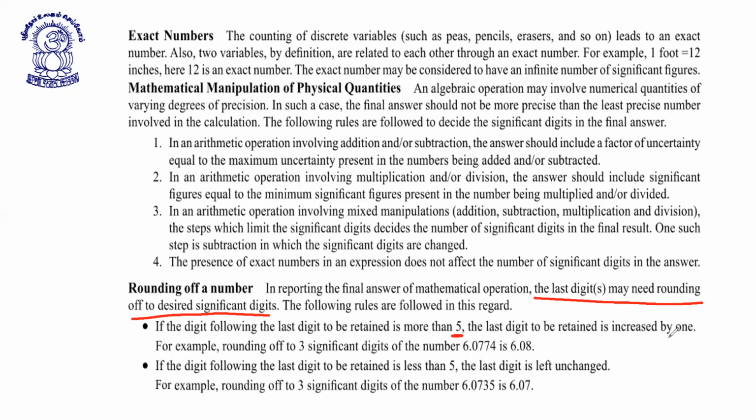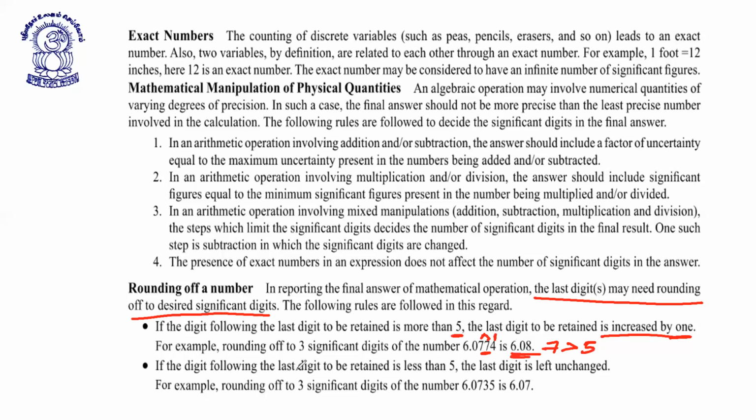For example, rounding off to 3 significant digits, the number is 6.077. Here, if you want to round to only 3 digits, the last digit is 7, because the third one is 7. The following 7 is to be left off. So in 6.07, we have to round up. 7 is greater than 5, so it should be increased by 1. So 7 plus 1 is 8. So the answer will be 6.08.